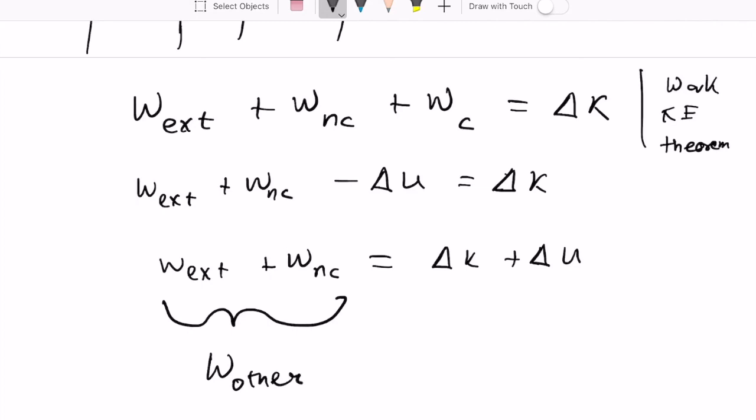What does other mean? Other means any force that's not a conservative force. So it could be an external force, it could be a non-conservative force like friction or air resistance. Other means any force that is not a conservative force.